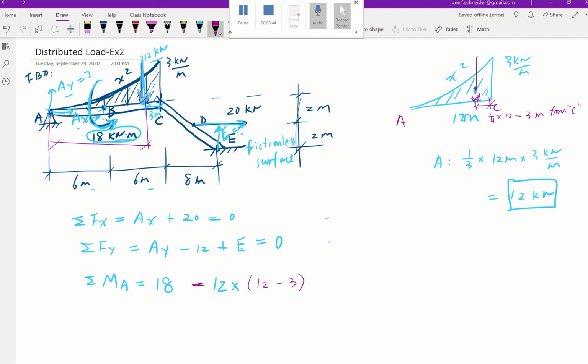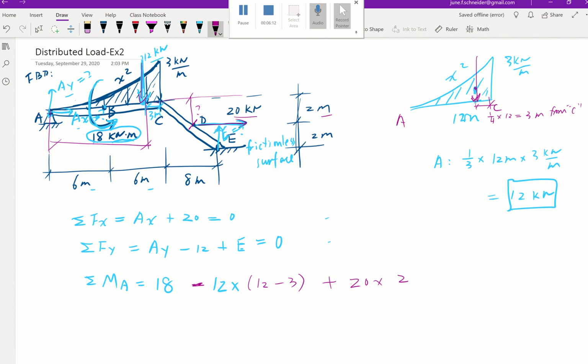Then we're going to look at this 20 kilonewton. What's the moment arm rotating about A? This force is in the X direction, so the moment arm is going to be in the Y direction. And it would be that dimension there, and that's 2 meters. And this force rotating about A is going to be counterclockwise, so that would be positive.